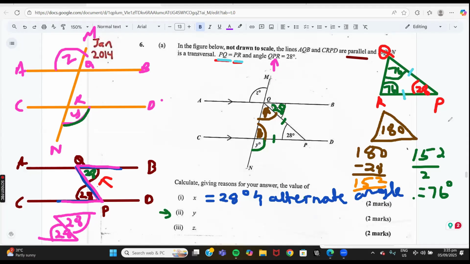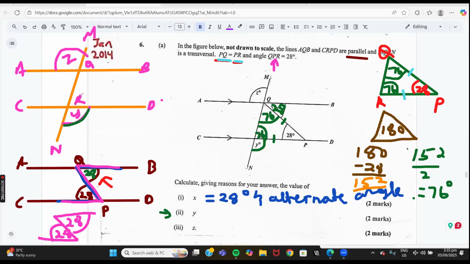Okay, so now we could put that in on the diagram, because everything you find, you want to put on the diagram. It will help in finding other things sometimes, a lot of times it does. So here's 76 and here's 76.